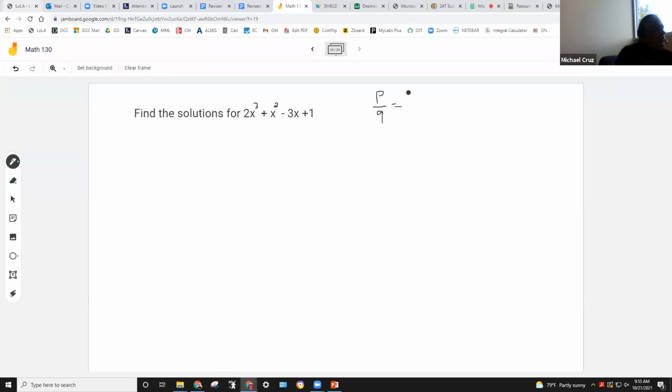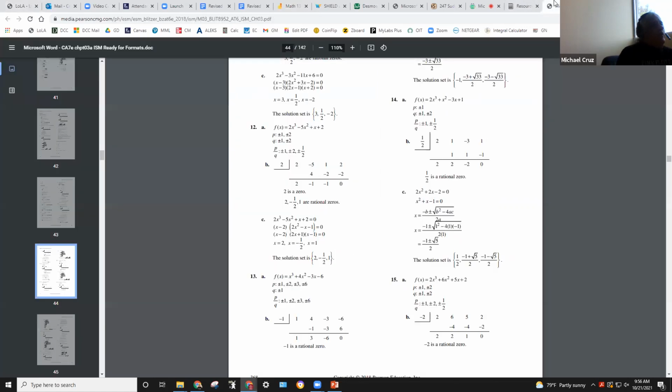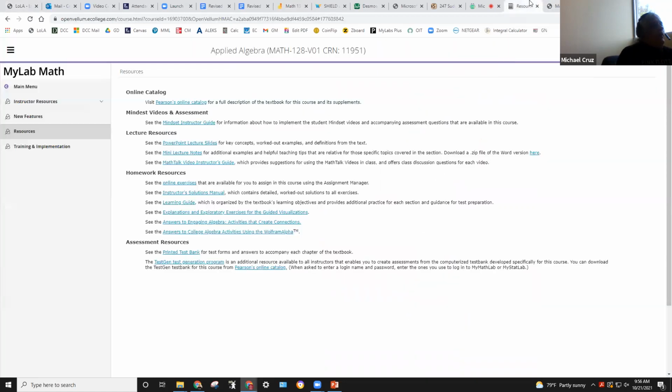All right, so P over Q is 1 over 2, plus or minus 1. So that means the possible solutions are, let's see, was it 1? Yeah, P is plus or minus 1.